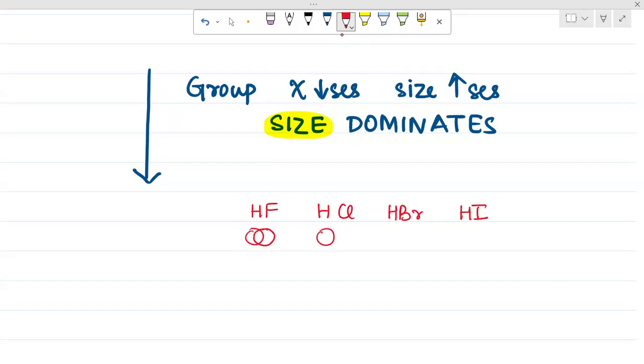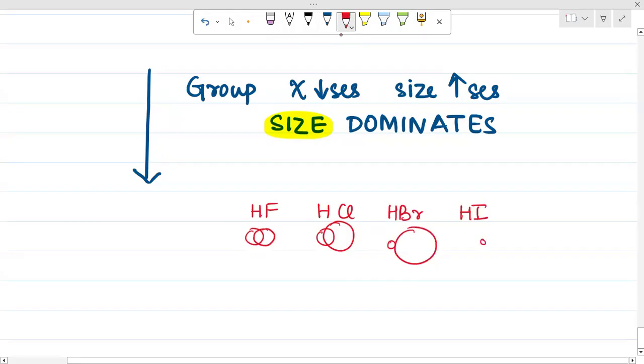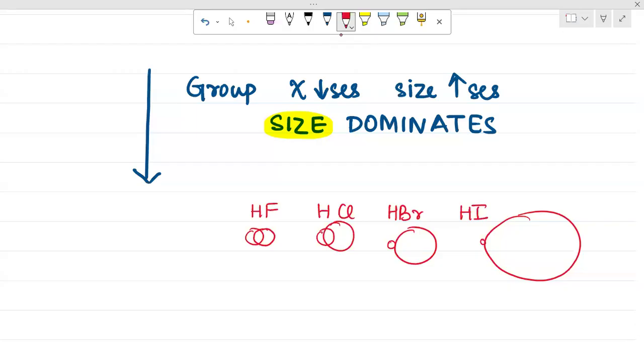Okay. Then you have Cl, Br, and HI. What happens as the size of the counter ion increases is that the overlap with the H ion decreases. As a result, the order of acidity over here is: because the overlap is the least, due to the very huge size of iodine, it can readily liberate H plus, then HBr, then HCl, and HF.